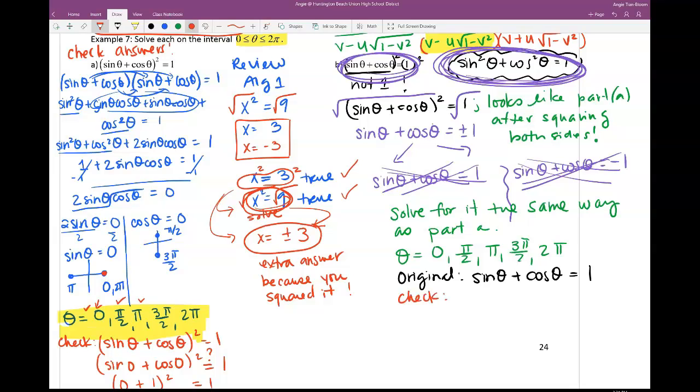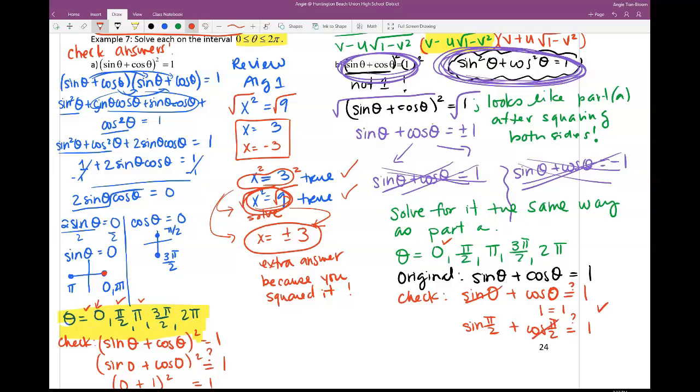So check. When theta is 0, let's plug in. Sine of 0 plus cosine of 0, does it equal 1? Well, sine of 0 is 0, so that goes away. Cosine of 0 is 1, so 1 equals 1. Check, I can keep that one. How about pi over 2? Sine of pi over 2 is 1 plus cosine of pi over 2, does it equal 1?